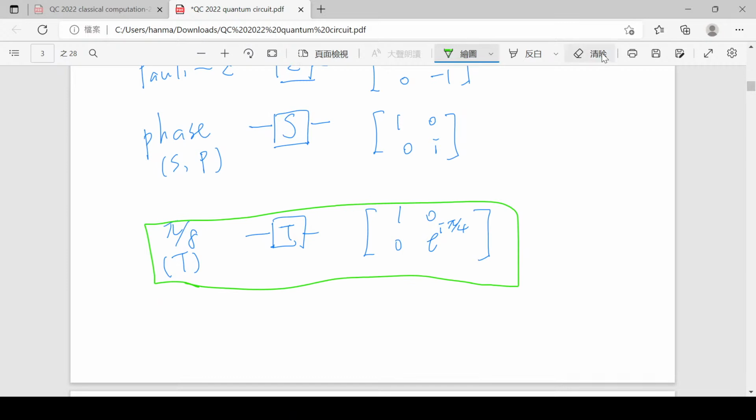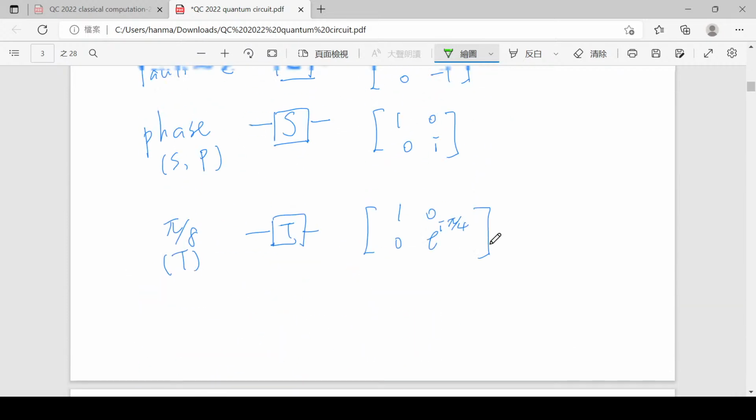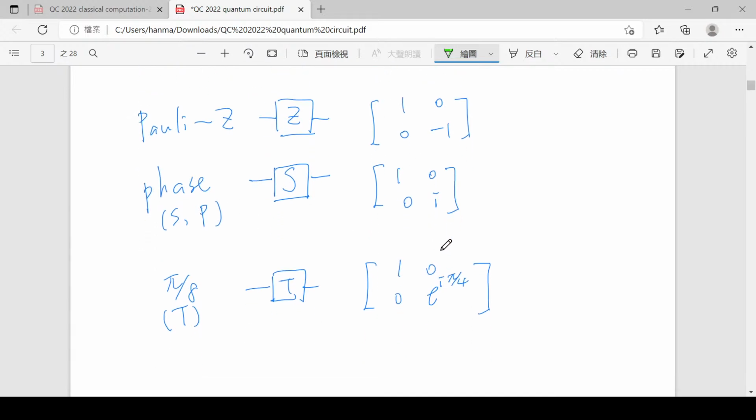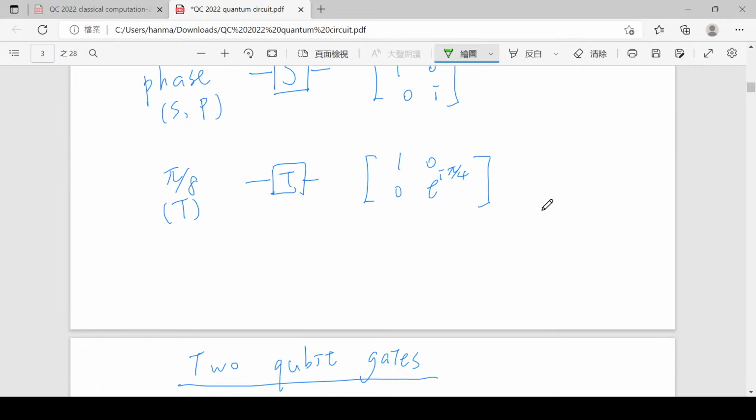Although T-gate looks like just a square root of something, it has less symmetry, let's say. So if you combine Hadamard with T-gate, then you get an approximation to all single-qubit gates.